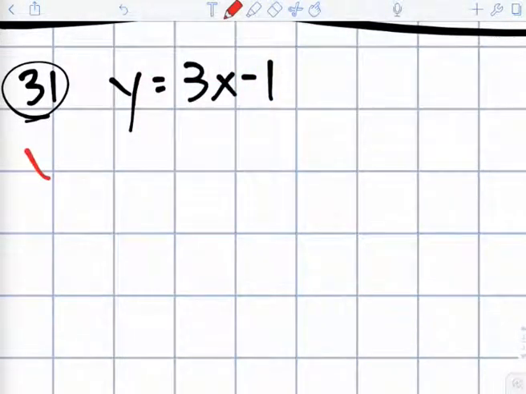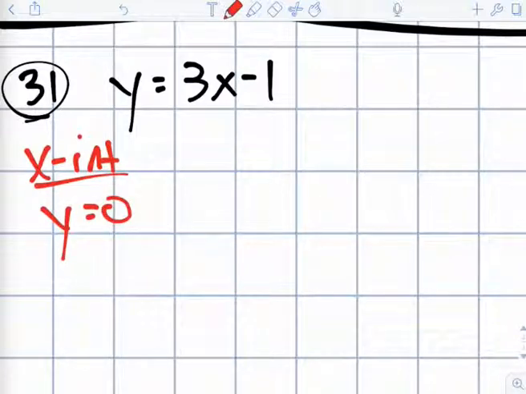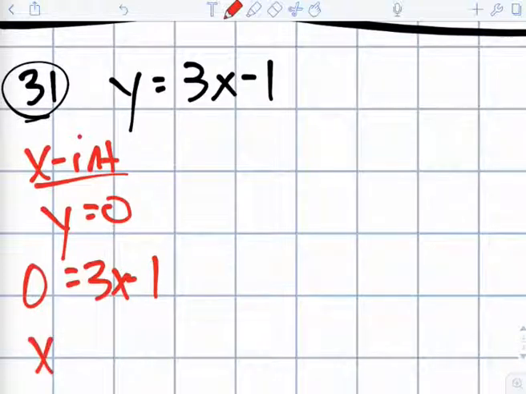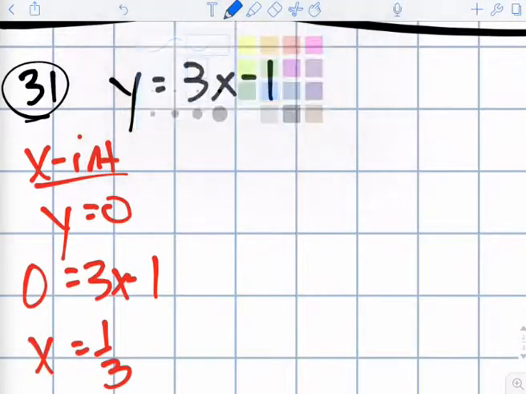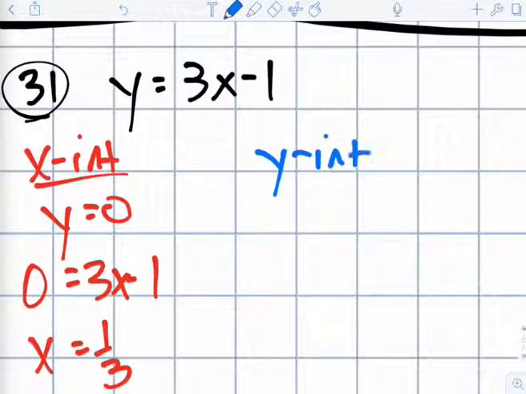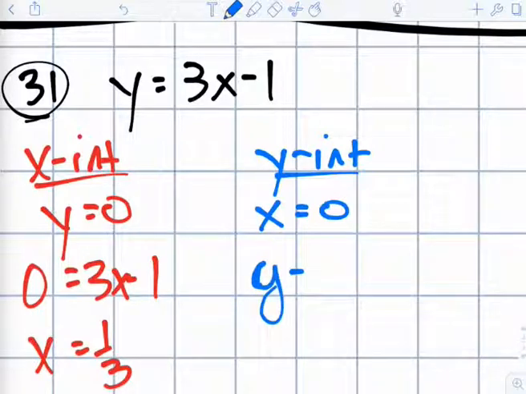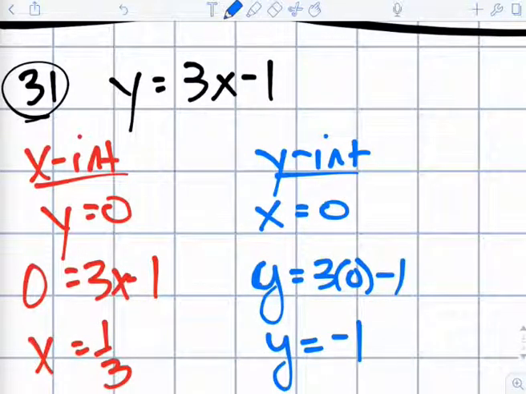So on our x-intercept, that means y is equal to 0. Okay, so that's 0 is equal to 3x minus 1, or x is equal to 1/3. For our y-intercept, that means x is equal to 0, so I get y is equal to 3 times 0 minus 1, and y is equal to negative 1.